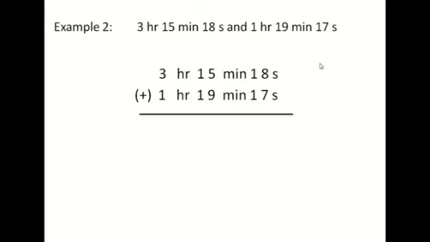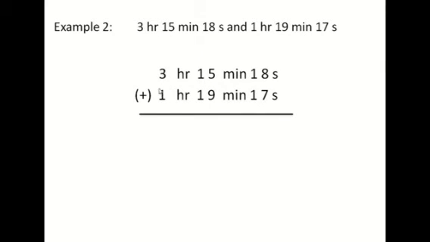So we will add the seconds part first. 18 plus 17. How much is it? 8 plus 7 gives you 15, 1 will be carried over. 1 plus 1 plus 1 will be 3. So 35 seconds you will write. Next, minutes: 15 plus 19. Do the addition and write it in the place of minutes.